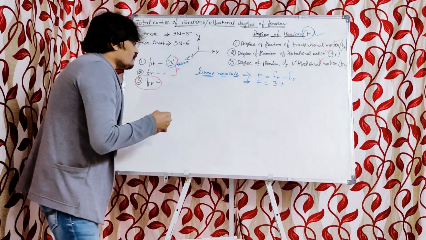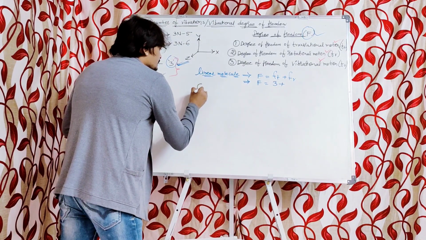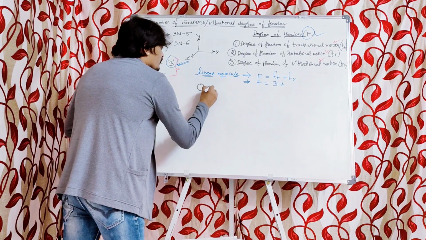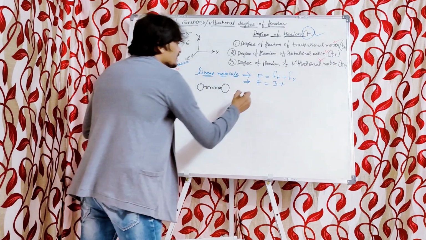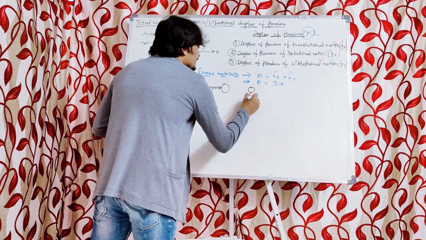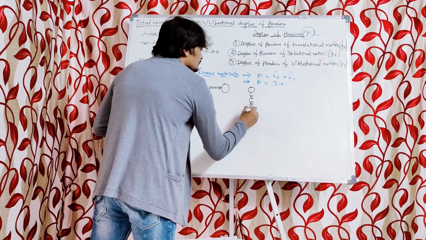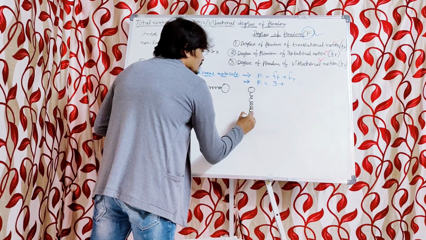In the case of linear molecules, students, the molecule can rotate only in these two ways.